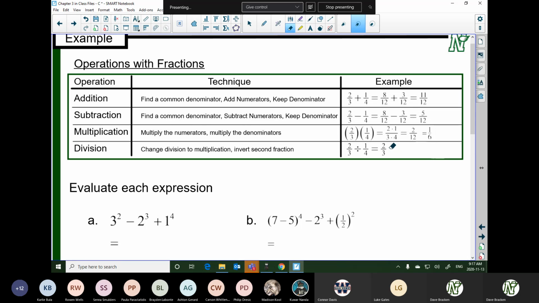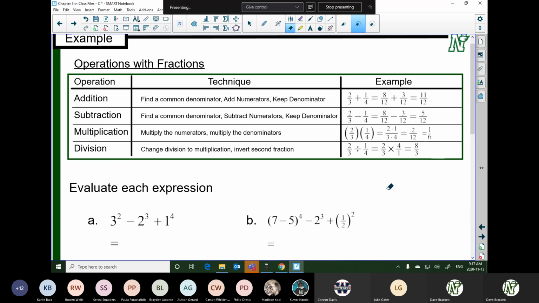You change your division to multiplication, and you flip. It's called the reciprocal. You flip the second fraction. So 2/3 divided by a quarter is the same as 2/3 times 4 over 1. And when we multiply this out, it's top times top over bottom times bottom.